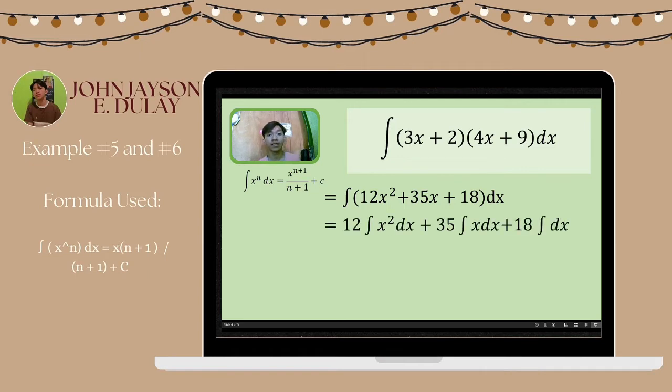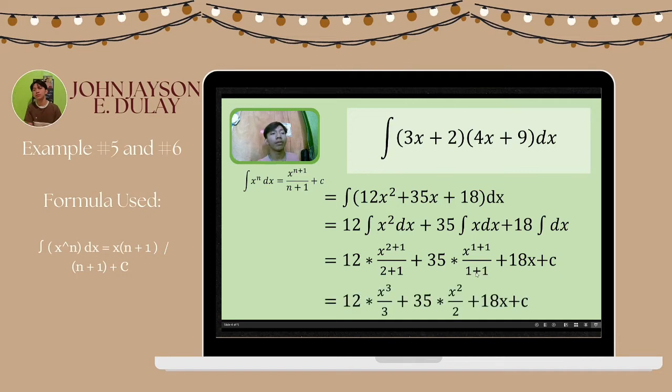So just like the first sample, we separate the numerical values. So it becomes 12 integral of x squared dx plus 35 integral of x dx plus 18 integral of dx. Next is 12 times x squared plus 1 over 2 plus 1 plus 35 times x raised to 1 plus 1 over 1 plus 1, then plus 18x plus c.